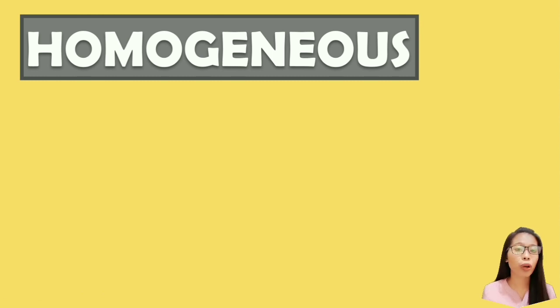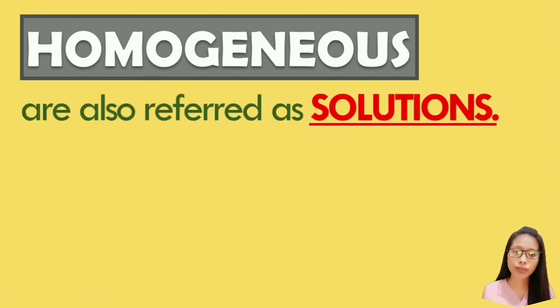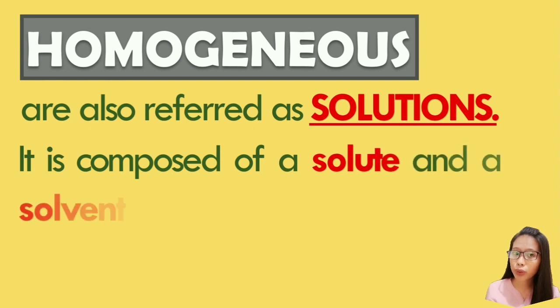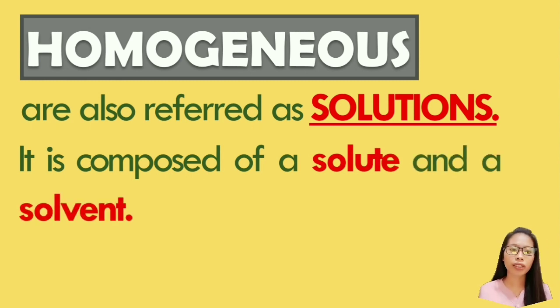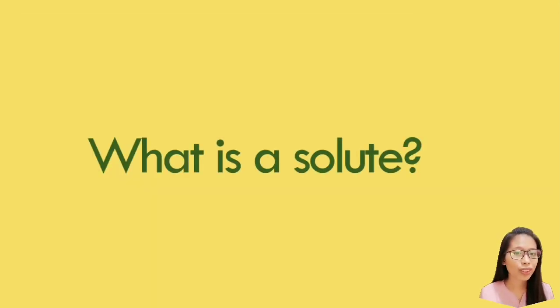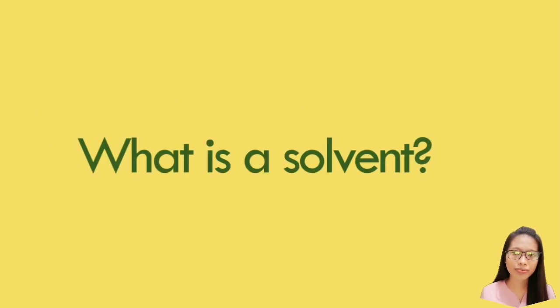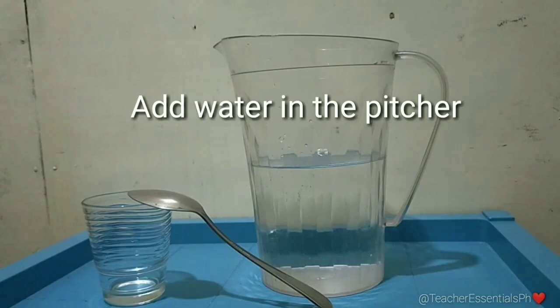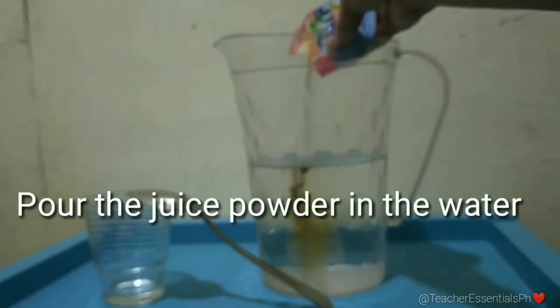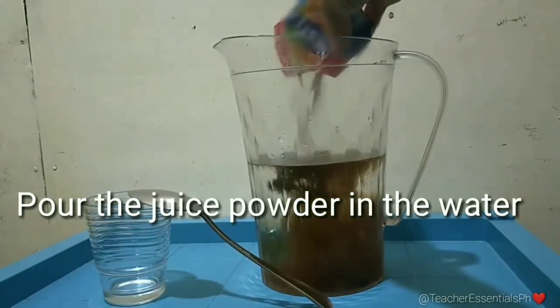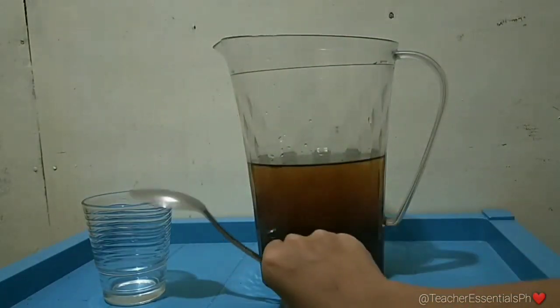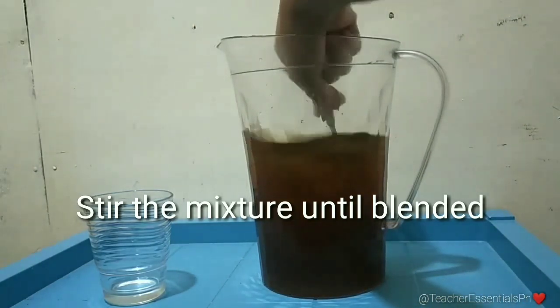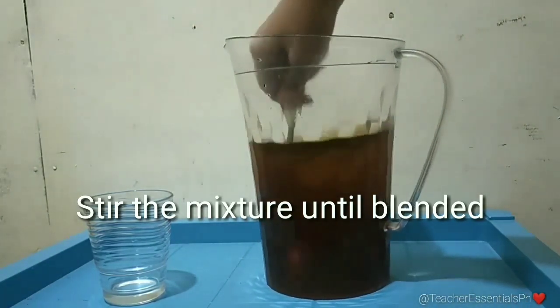Homogeneous mixtures are also referred to as solutions. It is composed of a solute and a solvent. What is a solute? What is a solvent? Let's try to make a juice. We need to fill an empty pitcher with a liter of water. Add the juice powder and stir it well until a mixture is formed.